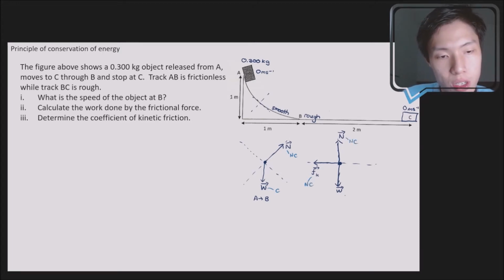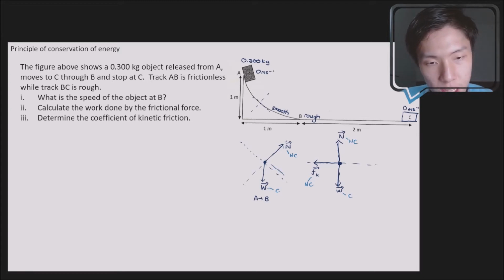Non-conservative for normal force, conservative for the weight. Next, we look at which direction the object is moving. On the journey from A to B, the object is moving in this direction. And from B to C, the object is moving in this direction.